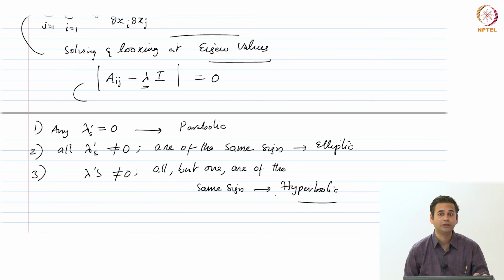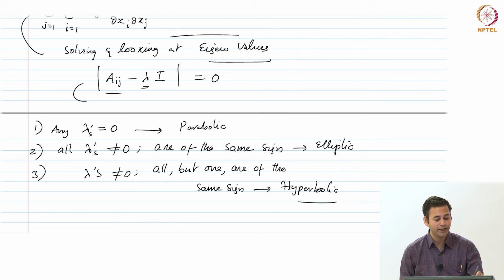You would need this if you want to classify the Navier-Stokes equations in 3 dimensions. Again, depending on these Aij values, the classification could depend on region to region, and that is also possible.